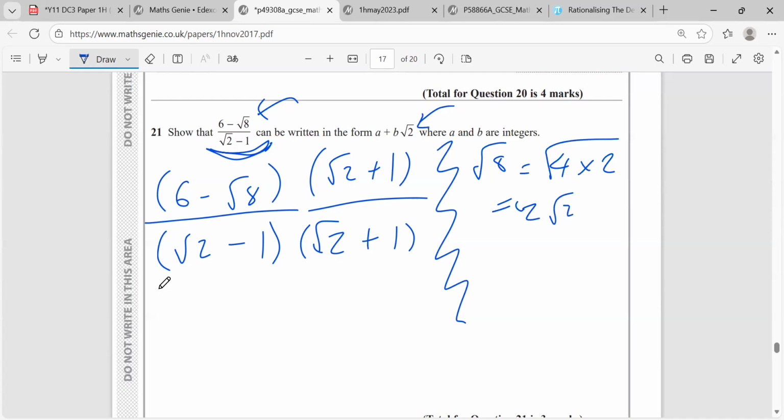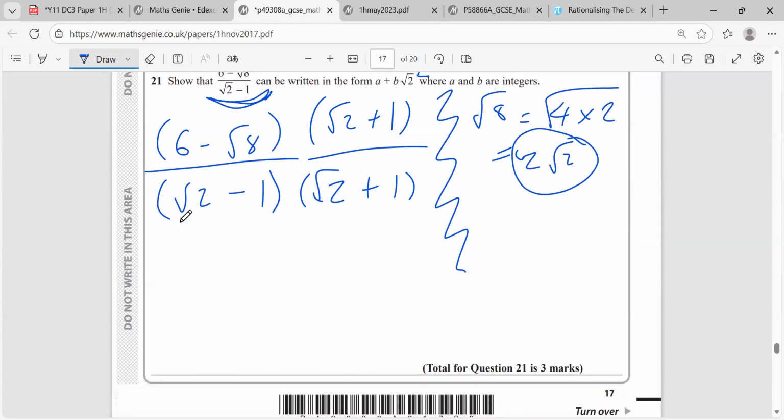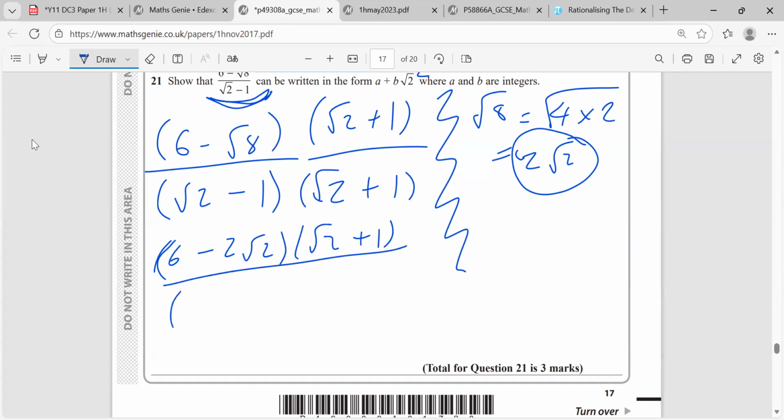I could simplify it now or later, but that is also a method mark usually. So I'm going to do that: 2 root 2, root 2 plus 1, all over root 2 minus 1, root 2 plus 1.